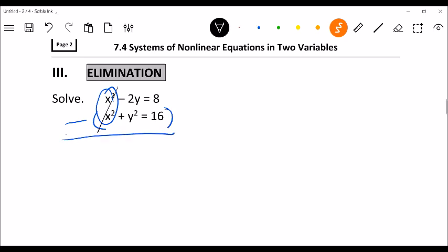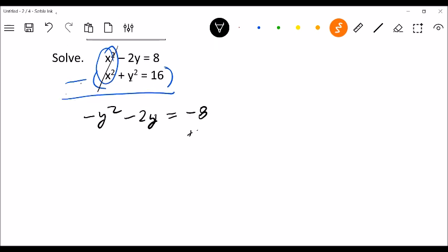When I subtract, the x's go away, and it looks like I have minus a y squared, and then minus that 2y, because they can't actually be put together. 8 take away 16 is negative 8. Add the 8 to both sides. Negative y squared minus 2y plus 8 equals 0.